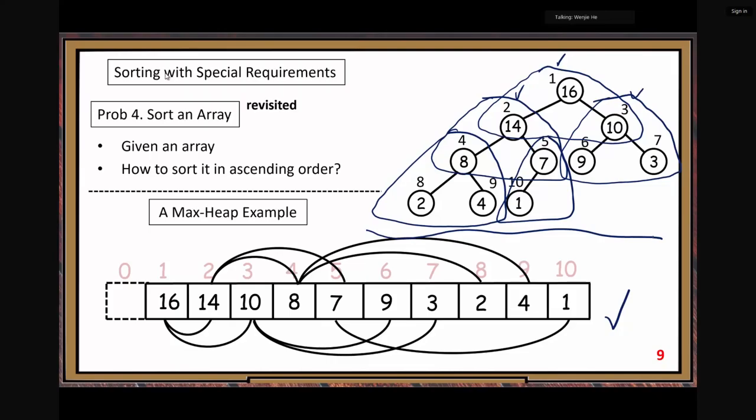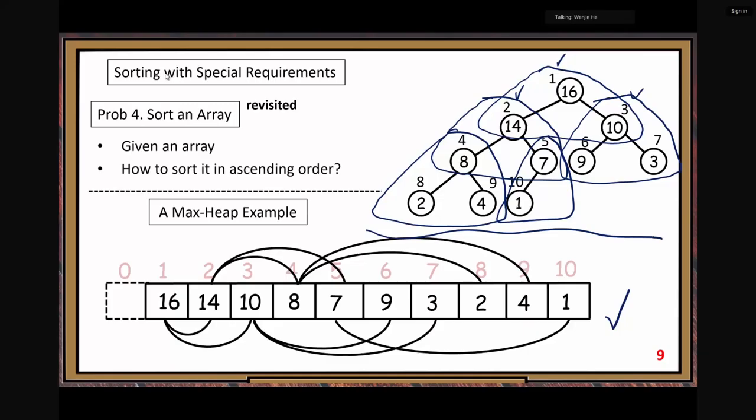In this way you just store a max heap in an array. The connection is based on the index numbers and the values of the elements in the array.